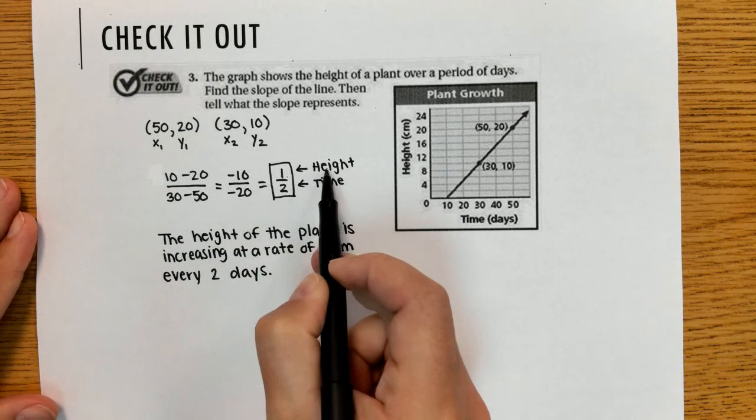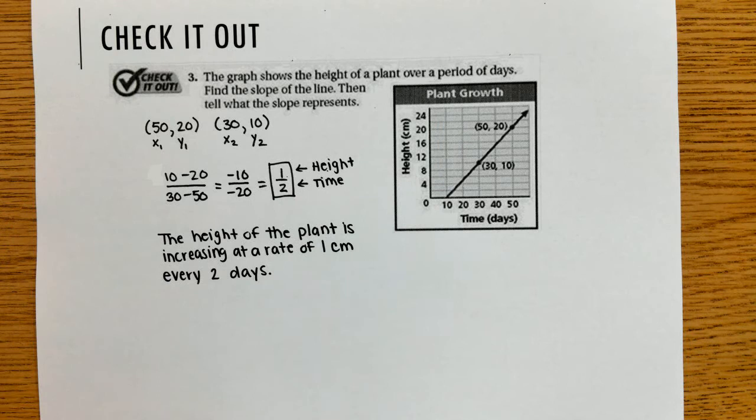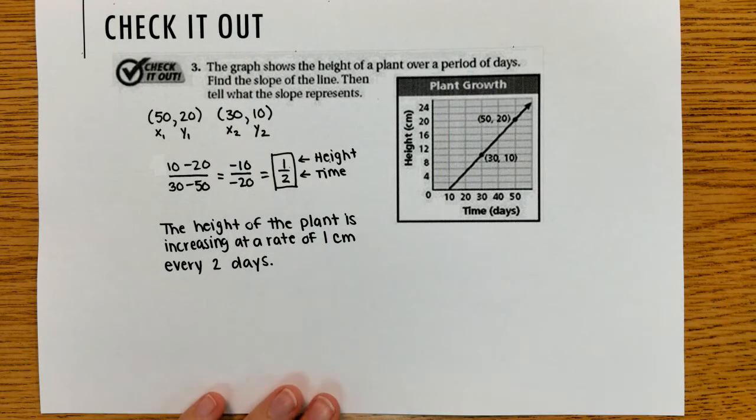So 1 is telling us 1 centimeter, 2 is telling us 2 days. So the height of the plant is increasing at a rate of 1 centimeter every 2 days.